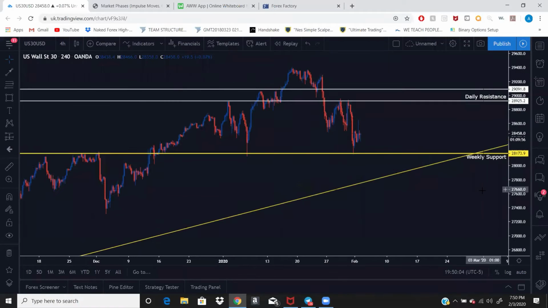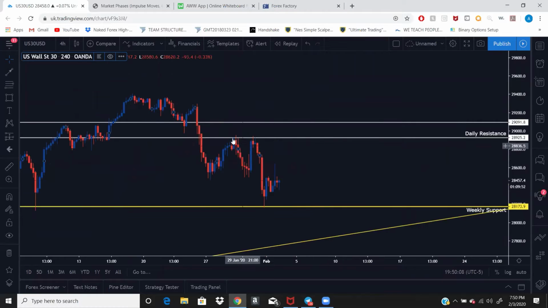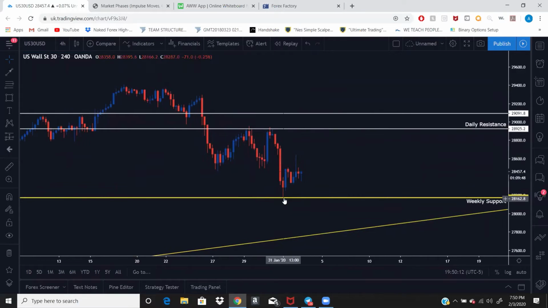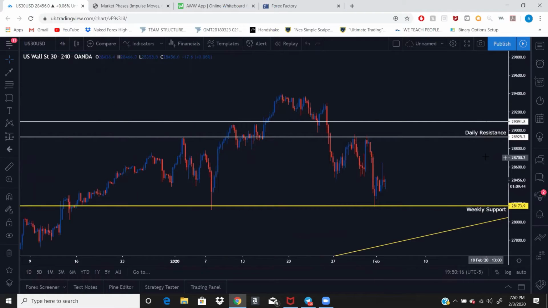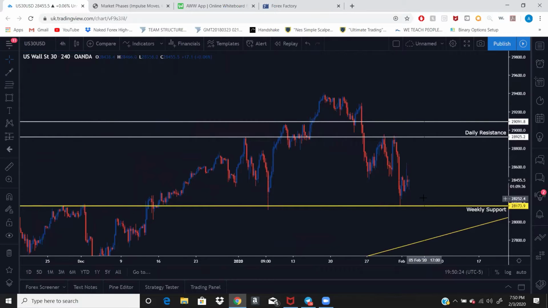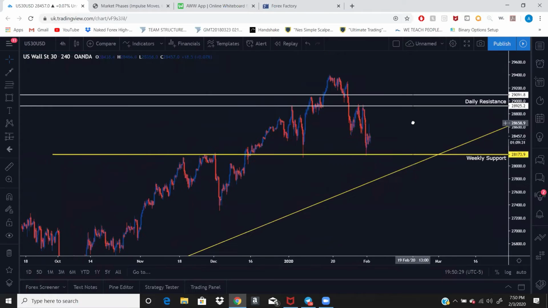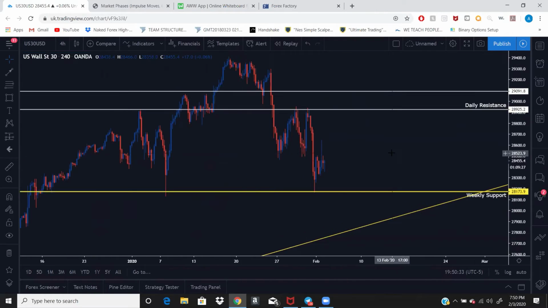So US 30 rejected the daily resistance, made a double top, and then it fell back to this weekly support. As you see, it was perfectly rejected. So right now it's in this zone between 28,173 and 28,925. It's still a heavy uptrend on both the weekly and the daily, so I would personally just look for the buys, right?